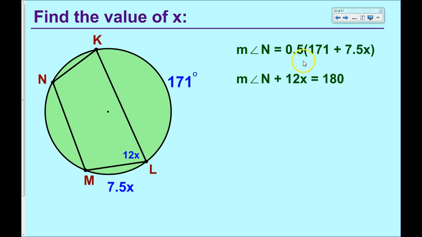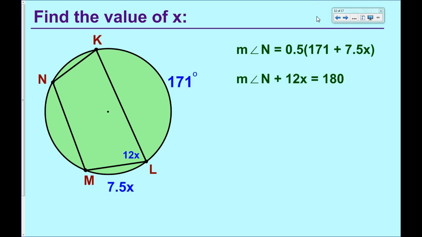You can write an equation to that extent, or say angle n is half the measure of the intercepted arc. The second equation, using theorem 10.10 from today, is simply that 12x plus the measure of angle n must equal 180. So you get two equations involving angle n.